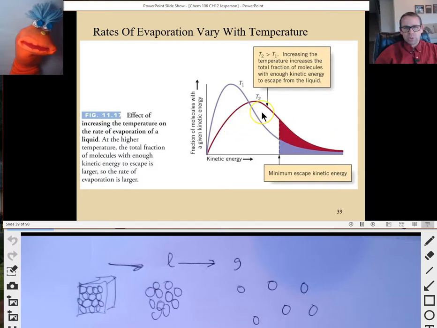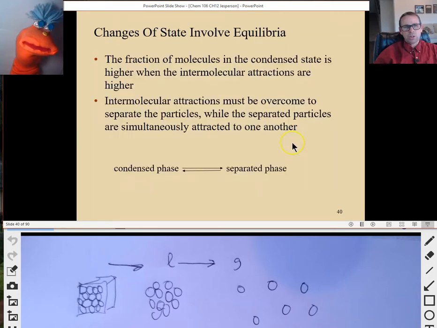And again, what this is showing is that not all of the molecules will just all of a sudden jump off, but some will have enough energy to jump off. Okay? And what this is letting us know is that this change of state that is occurring is in equilibrium between the condensed phase and a separated phase, whether it be solid to liquid or liquid to gas.